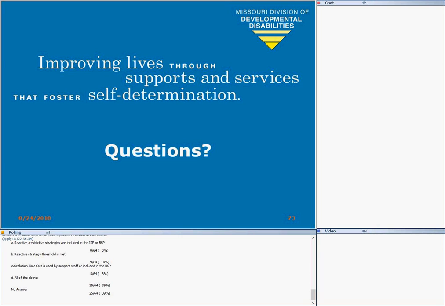I don't know that I would recommend it. I don't know that it's the least restrictive strategy in place, and I don't know that it's actually addressing the individual's needs. So all of those questions would need to be answered in terms of using that.